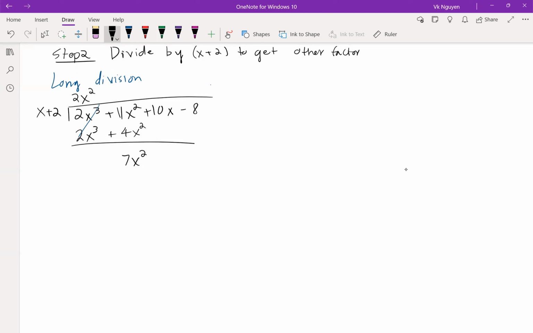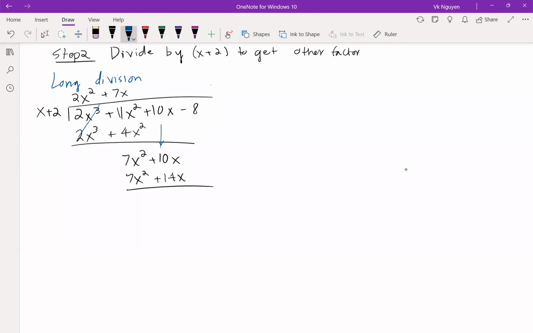To continue with the division, we bring down the plus 10x, and then x goes into 7x squared, 7x times. 7x times x is 7x squared, 7x times 2 is 14x.